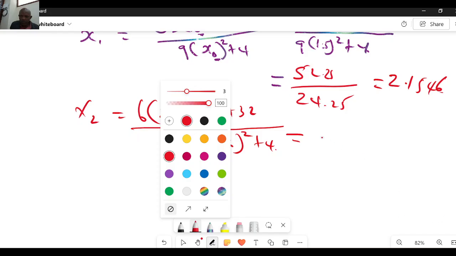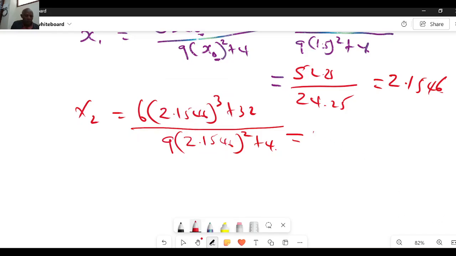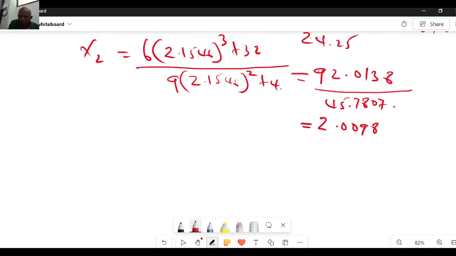Let me calculate this. So we now get 92.0138 over 45.7807, which is approximately that.